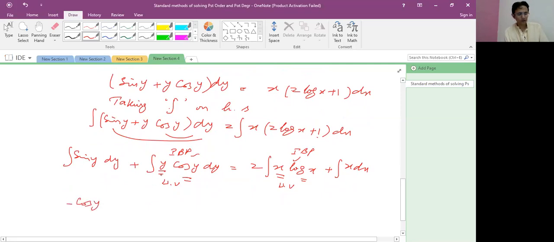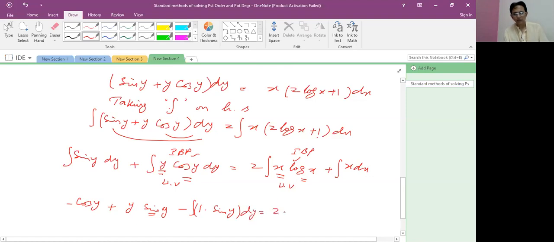So integrating by parts, student, u is y and the derivative of cos y is sin y. The integral of cos y is sin y, minus sin y, where the derivative of u is 1 and the integral of the given function is sin y. So we write sin y into dy on the left hand side.